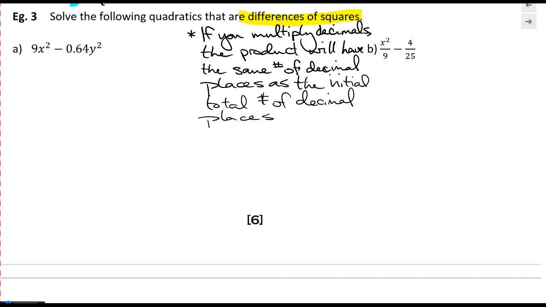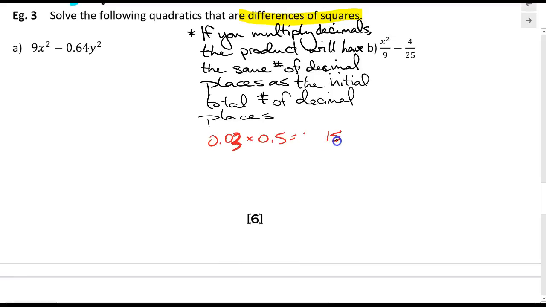So just as a tangent to consider, if we took 0.02 multiplied by 0.5, we would end up with, and actually we're going to change those. Let's turn this into a 3, so we don't end up with a 0 at the end. 0.03 times 0.05, we're going to end up with, well, 3 times 5 is 15, but there's 3 decimal places in total, 2 over here, 1 in this one, so I'm going to need 3 decimal places in my answer.